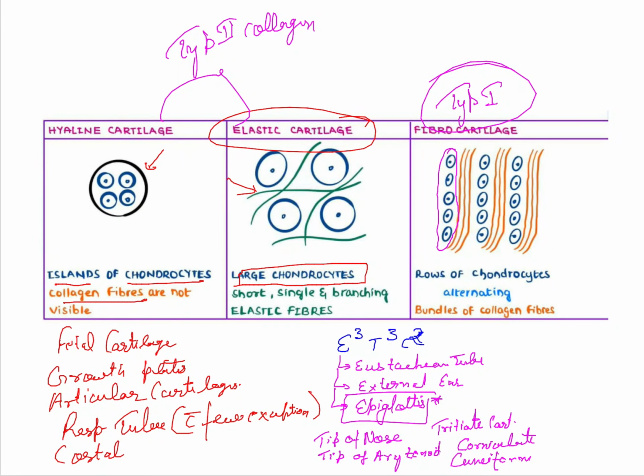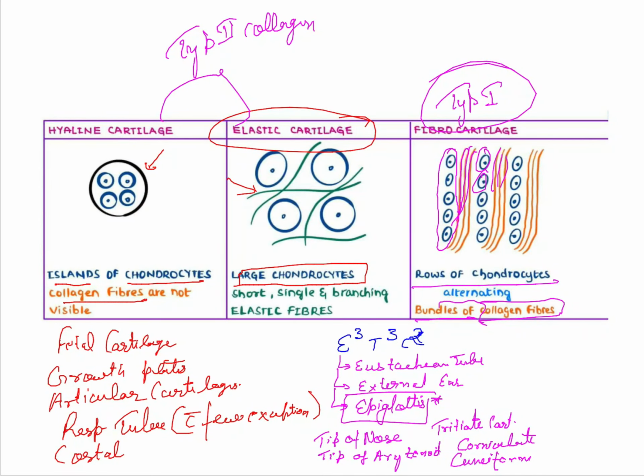A lot of cells will be there, but they will be in line. There will be alternating fibers running parallel. So rows of chondrocytes alternate with bundles of collagen fibers, and these are generally type 1 collagen fibers.